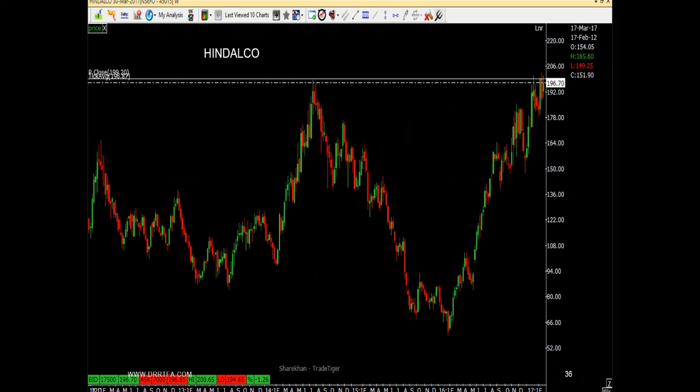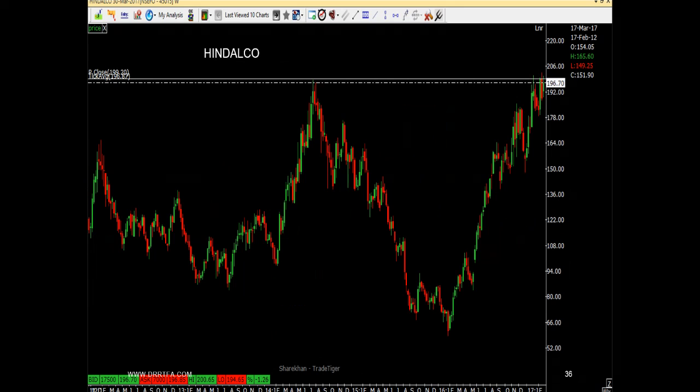But that's your paper profit. If you haven't booked it here, and you don't know the other trading instruments, then you will see your profits going in the downward direction. And ultimately from here, you start losing money, right? So it doesn't matter that you sell your Hindalco here because it's going down.